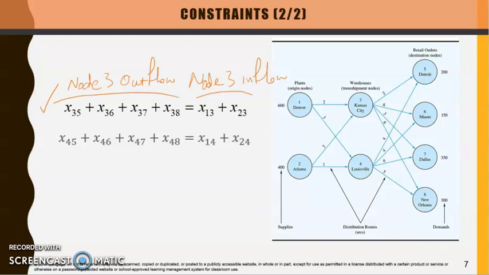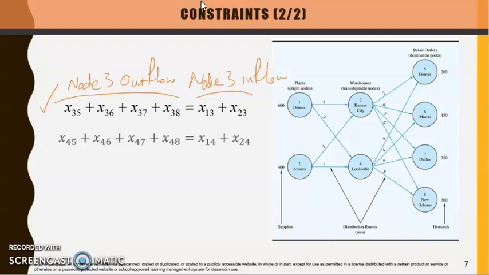So you write them. To check the outflow, see how many arcs you see getting out of the transshipment nodes. They are outflow. So we have here 35, 36, 37, and 38. The summation of these must be equal to this one.